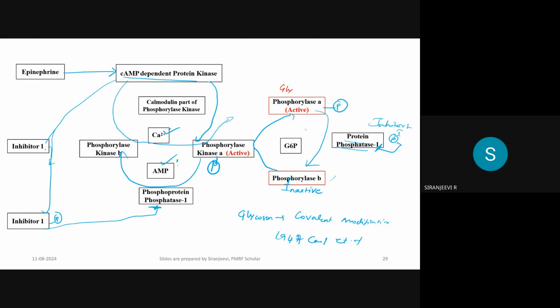Whenever AMP is high, which means the energy is not there in the muscle system, or the ATP is low, then it needs more ATP, so it should stimulate glycogenolysis. More calcium will activate the phosphorylase kinase. And one more thing, the glucose 6 phosphate molecule, also inhibits this kind of activation.